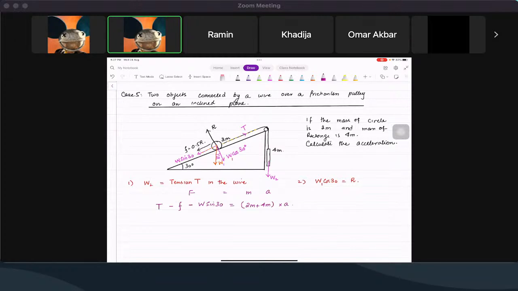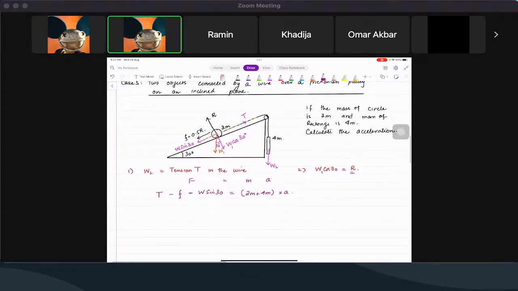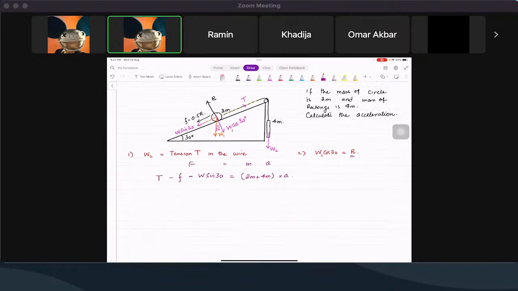Now it says friction is 0.5 of R. We already know what is the value of R. So what are we going to do? Tension is basically equal to W2, which means it is 4mg. You guys agree? 4 mass times acceleration due to gravity, minus friction, which is 0.5 and R is W1 cos.